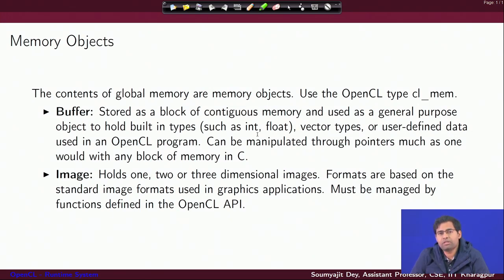That is specifically provided targeting graphics applications, which was the original workload domain that was targeted, and they need to be managed by functions which are defined in the OpenCL API, which would mean whatever vendor provided ICD file you get as part of the OpenCL distribution on your processor should contain implementations of the required functions for reading and storing such image objects.